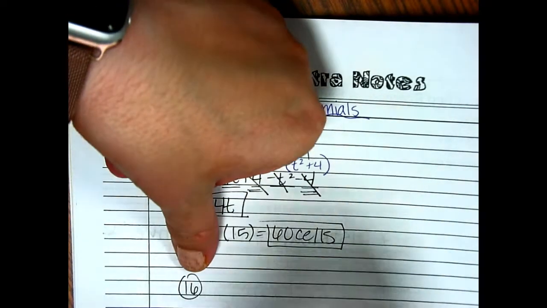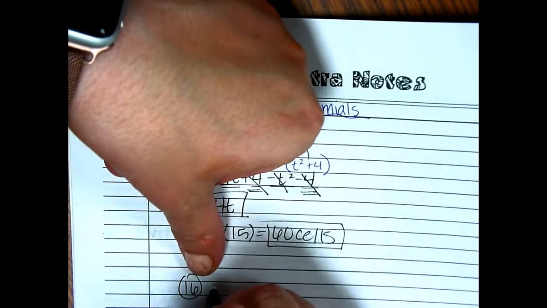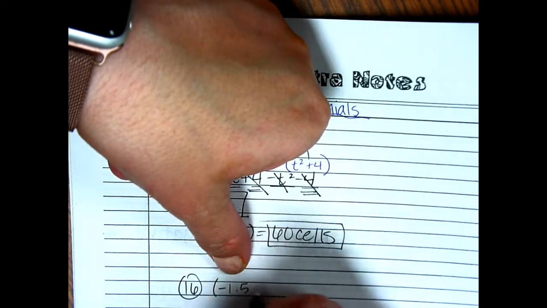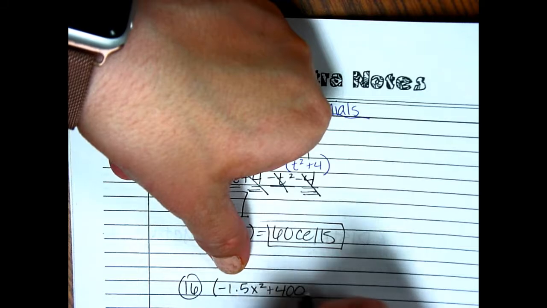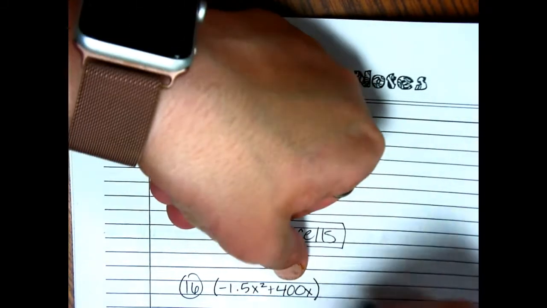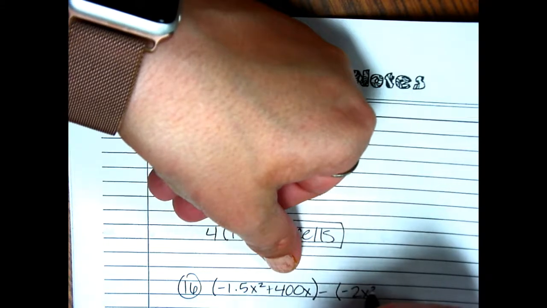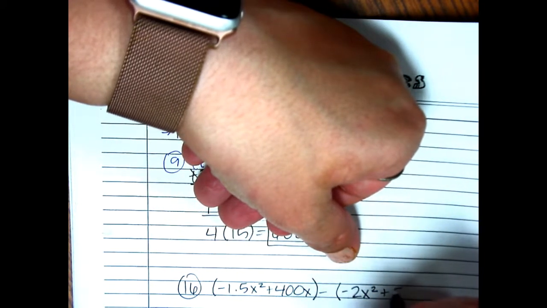So when I write these, they're represented in thousands. So the two polynomials I gave you are negative 1.5x squared plus 400x. That's 400,000. Minus negative 2x squared, that'd be 2,000, plus 500x.